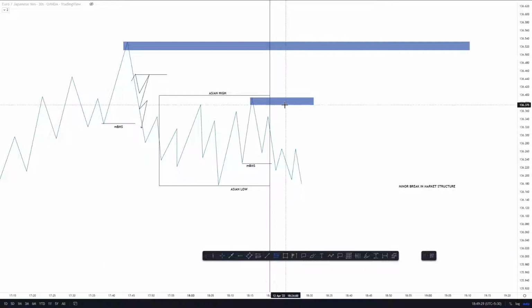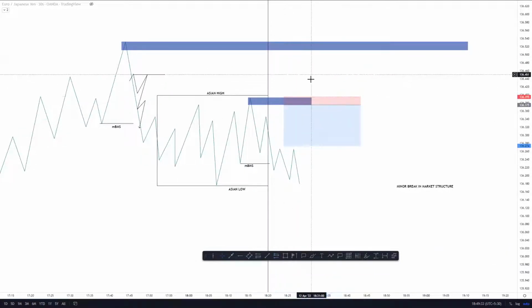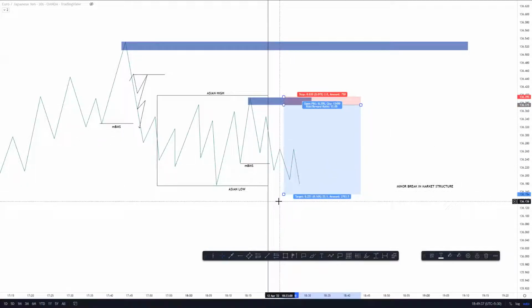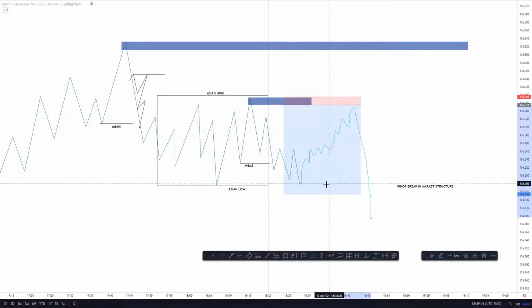This will be my risk, and I will target Asian session low. I will look for price to come here and take out Asian session low as my target.